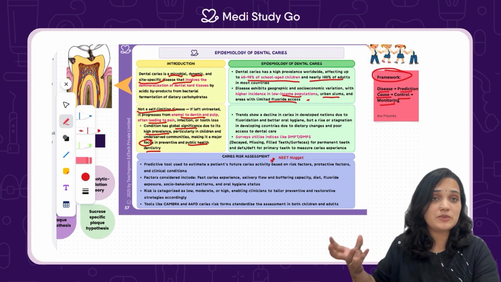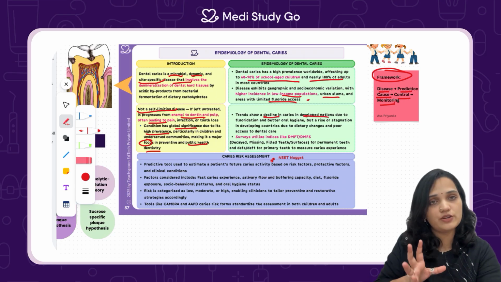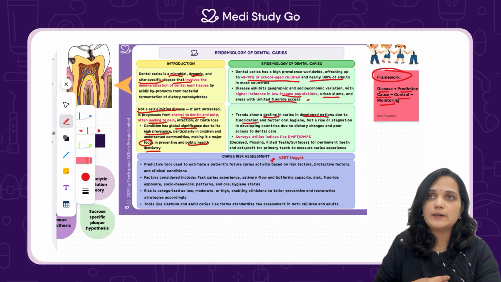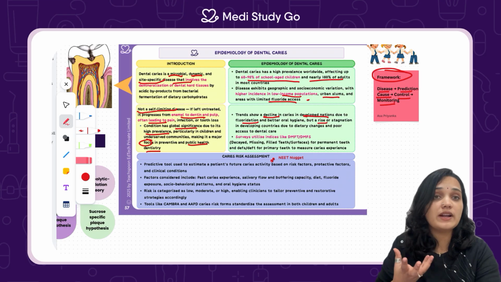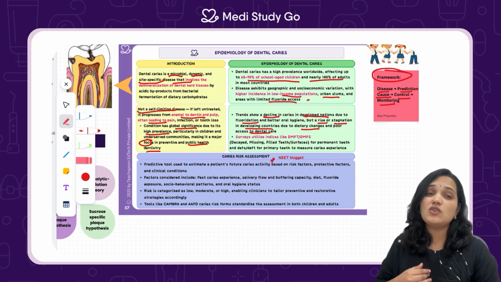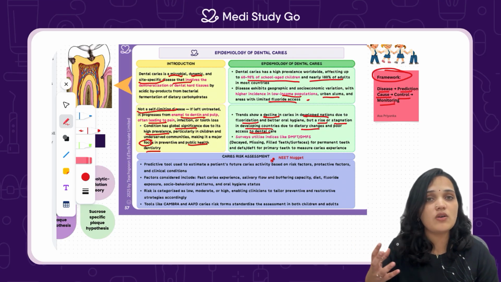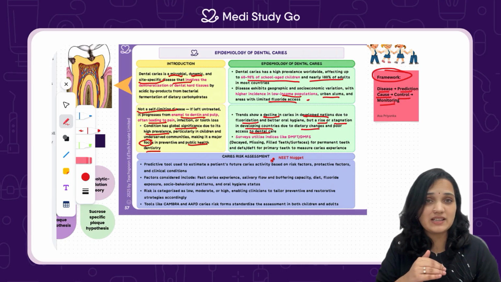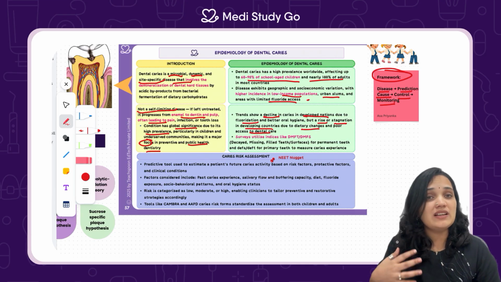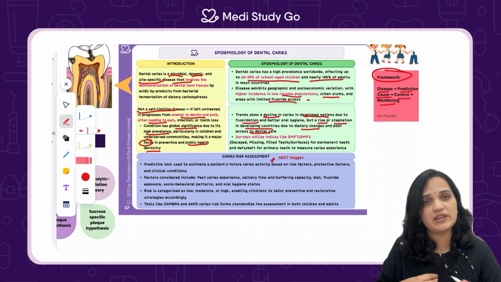In many developed countries, caries prevalence has decreased due to widespread use of fluoridated water, fluoride toothpaste, and improved oral hygiene practices, so improved awareness. But in contrast, several developing countries are experiencing rising or plateauing caries rates. Why? Mainly because of increased sugar consumption and very limited access to preventive care.